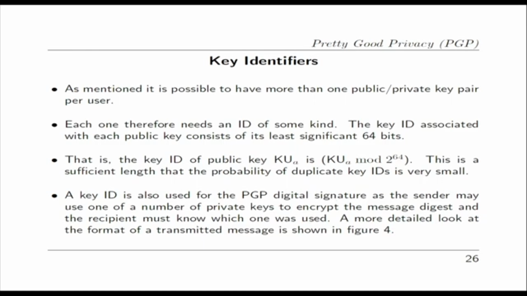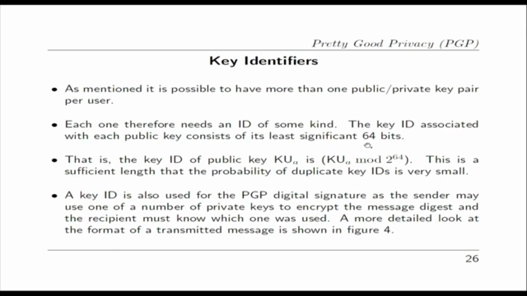Then the key identifier: how can we identify the key? As mentioned, it is possible to have more than one public key, private key pair. Each one therefore needs to have an identity of some kind. The ID associated with the public key consists of the least significant 64 bits.